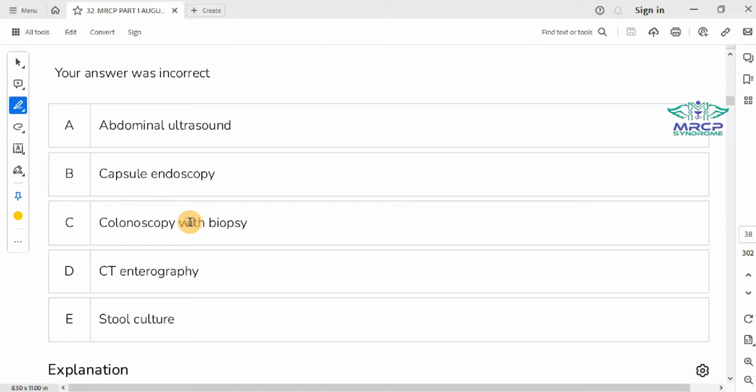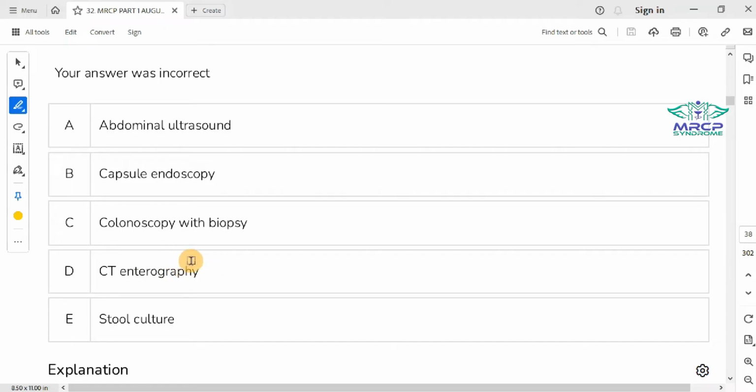Abdominal ultrasound can identify complications related to Crohn's disease like abscess or fistula, but it cannot confirm the diagnosis. Capsule endoscopy is useful in evaluating small bowel disease, especially angiodysplasia, which is seen in Heyde syndrome.